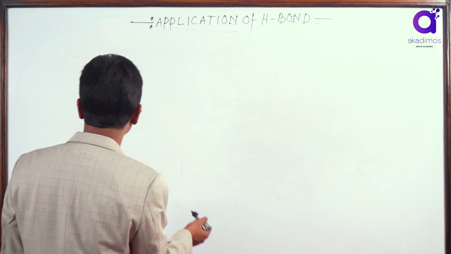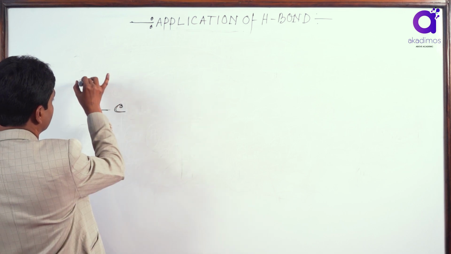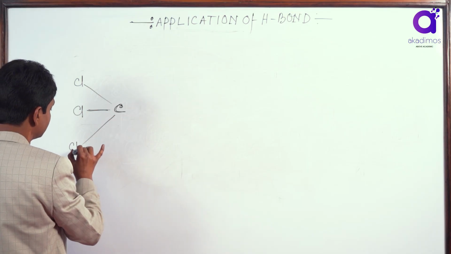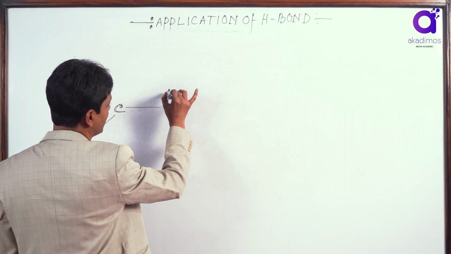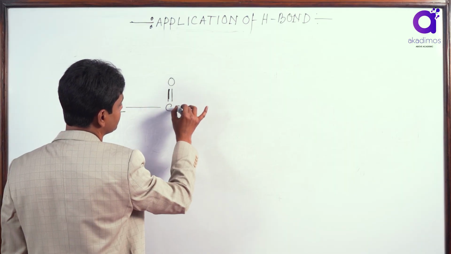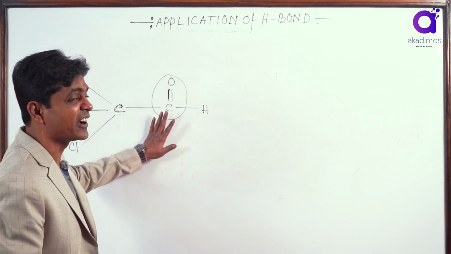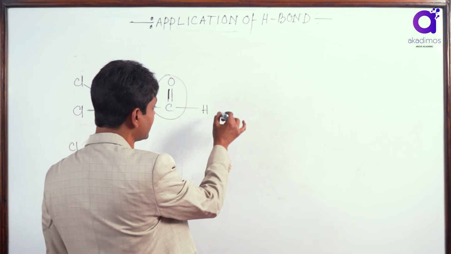Now we know chloral, the structure CCl3CHO. This is chloral. Normally, an aldehyde exists as this anhydrous form, but it has another form.